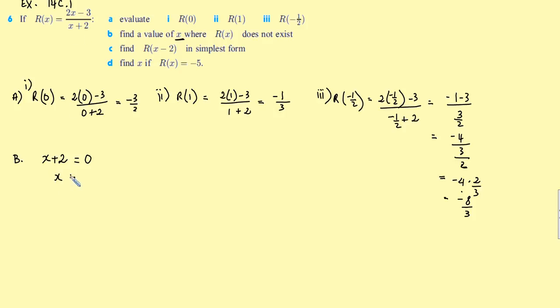So I know, therefore, the value of x must be x equaling negative 2, so that r of x doesn't exist.